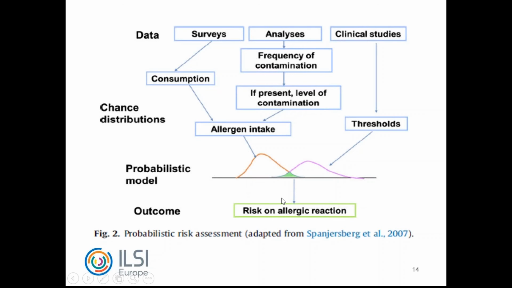We can have a very robust analysis using all of those distributions and what we know about differences in the allergic individuals as well as their consumption values for the risk assessment.